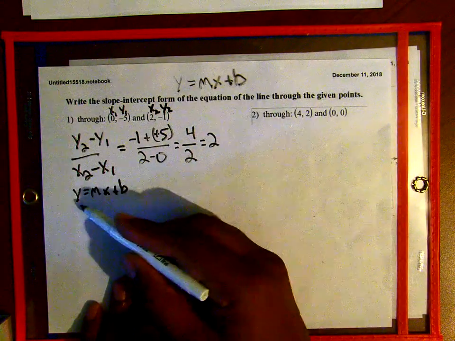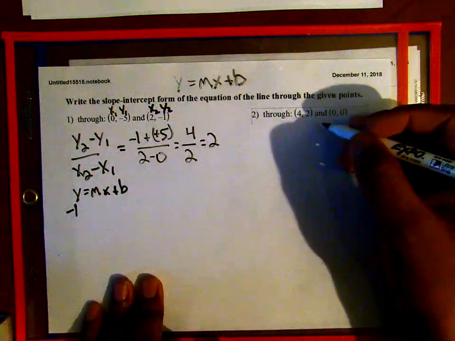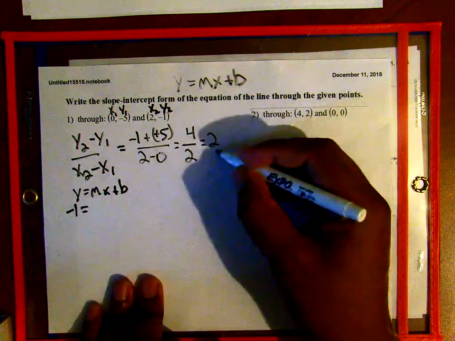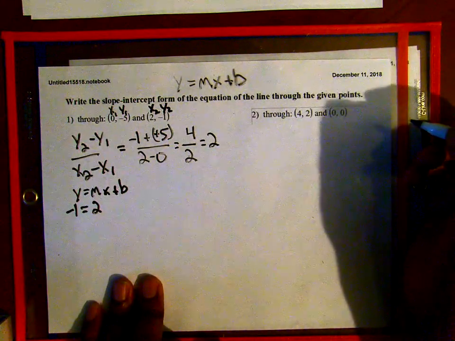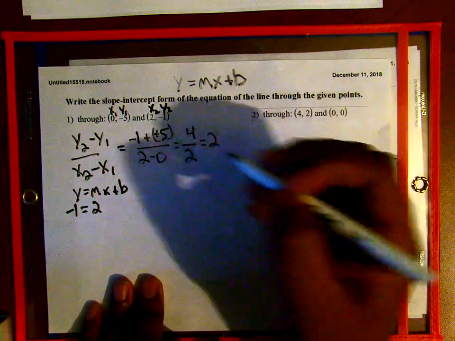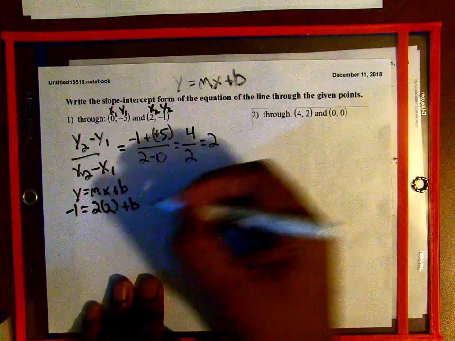If I plug in, my y is going to be -1. My m is the slope I just found. My x is going to be +2. And plus b is what I'm looking for.